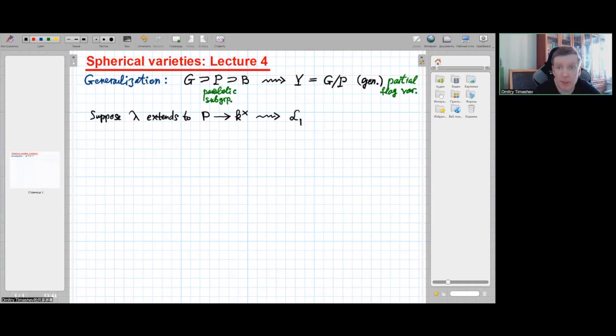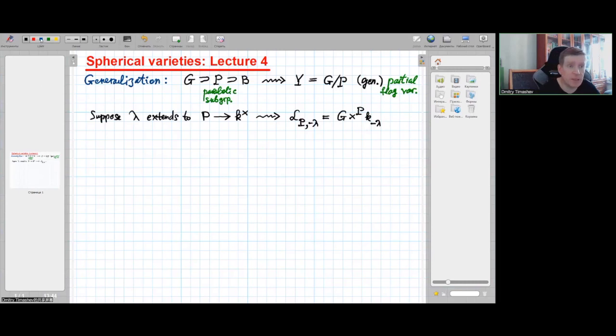Let me denote it as script L sub P, and I want to associate it with the character minus lambda as before. This is a homogeneous line bundle over G mod P. So this is G cross over P with a one-dimensional vector space on which P acts via the character minus lambda. Okay, the same thing as we did for the Borel-Weil theorem.